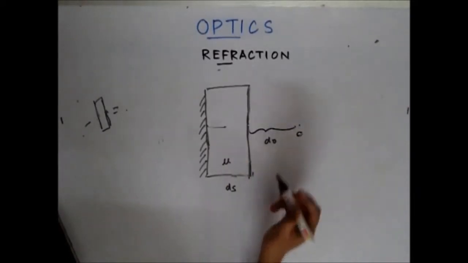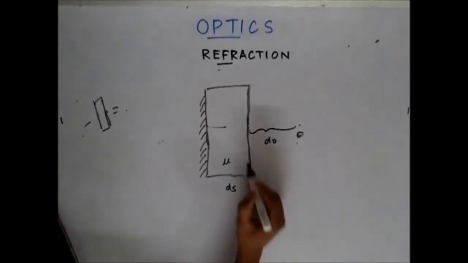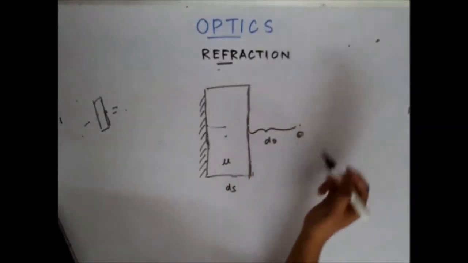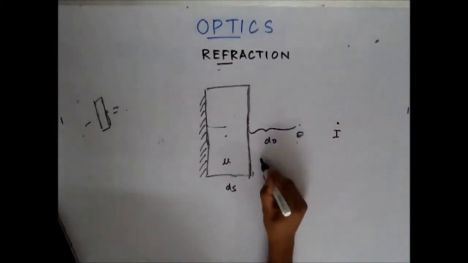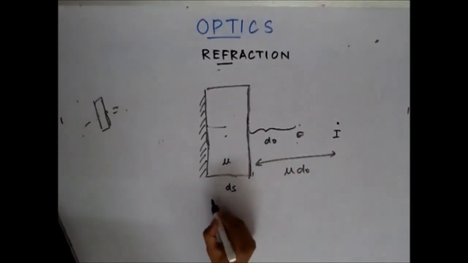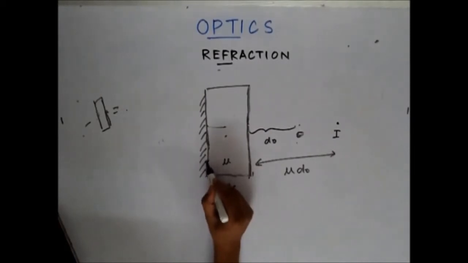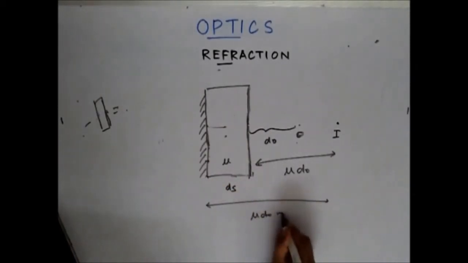For this surface, when the object is in the rarer medium and I am here in the denser medium, the image formed will shift away from the surface. So my intermediate image is formed here. What is the distance? It will be mu times d0. Now the second reflection occurs. The distance is what? Mu d0 plus ds.